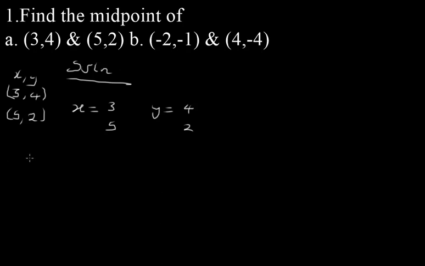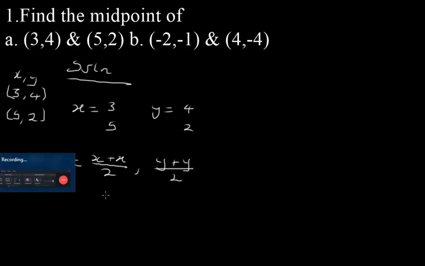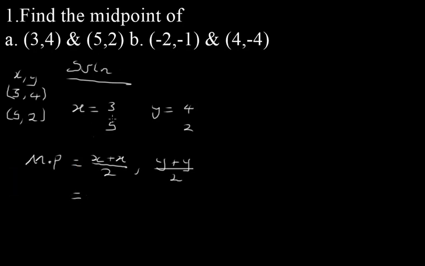And I hope you remember the formula that we are using to calculate the midpoint. So midpoint is given by x plus x divided by 2, comma, y plus y divided by 2. So what we get then is the x coordinates, we have 3 and 5, so 3 plus 5 divided by 2, comma, 4 plus 2 divided by 2.